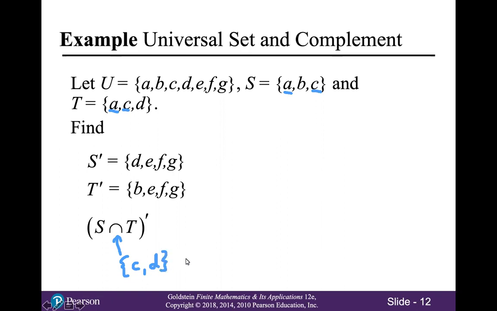Okay, so the complement would be all the other letters, namely B, D, E, F, and G. I just realized I messed up there, didn't I? I think I said the right thing and wrote the wrong thing. This was supposed to be an A, wasn't it? Oh dear. Okay. There we go. A and C. So that's why the complement is B, D, E, F, and G.